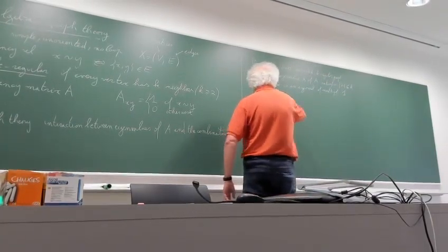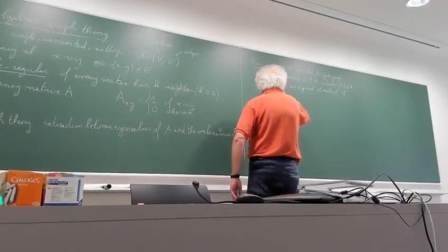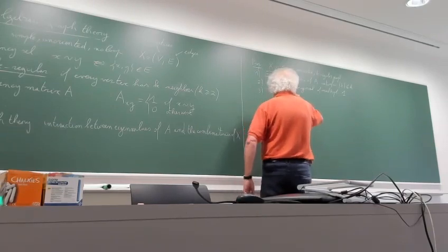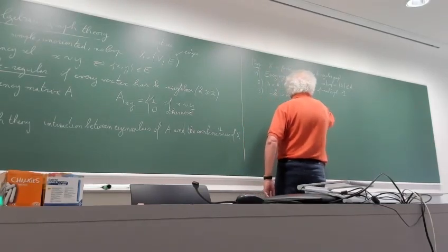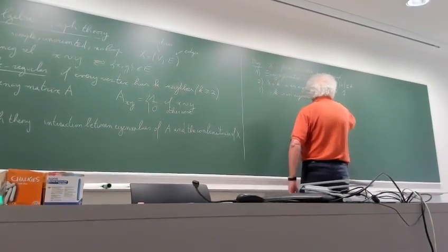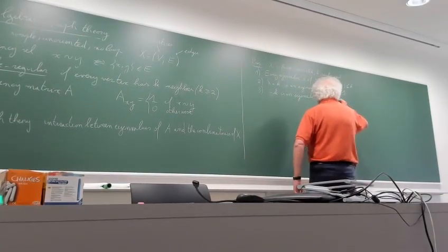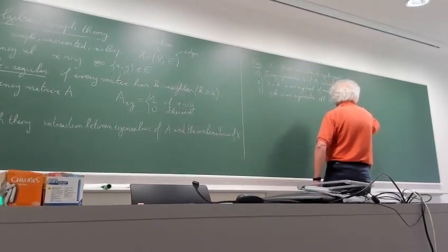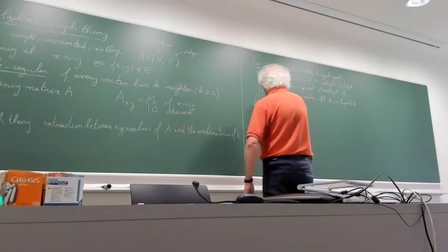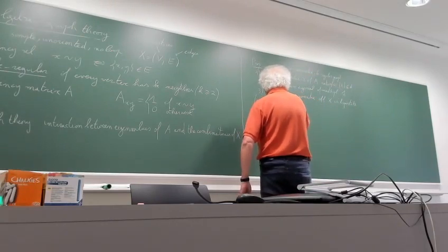And finally, let me put it this way: minus k is an eigenvalue if and only if the graph X is bipartite. This means also bicolorable.